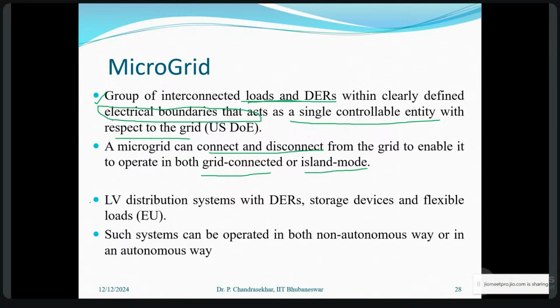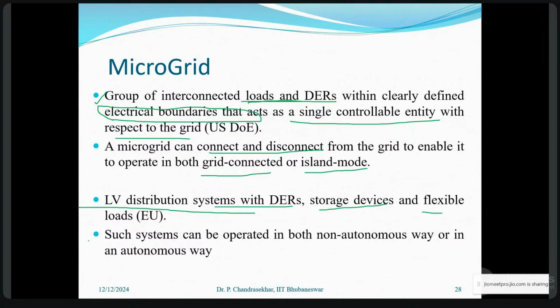Now coming to the European Union's understanding, it is basically an LV distribution network, the low voltage network, with distributed energy resources and storage devices. An important thing is that the European Union definition also considers storage units. So we may have generating sources, storage units, and flexible loads.